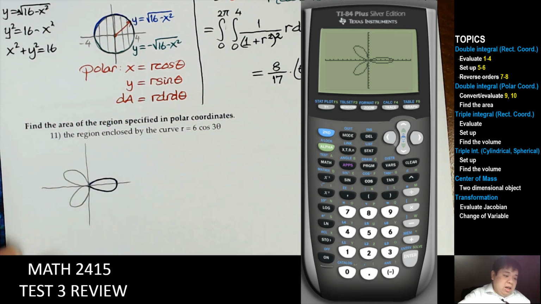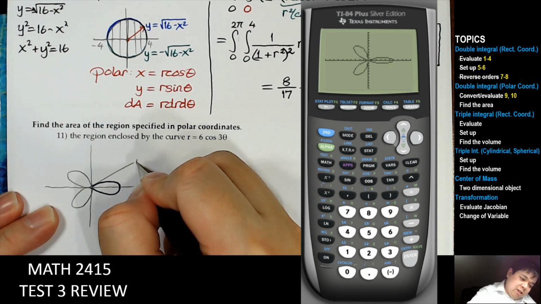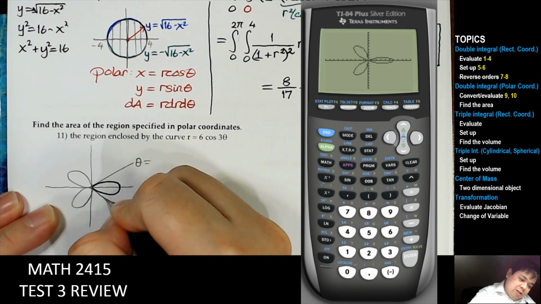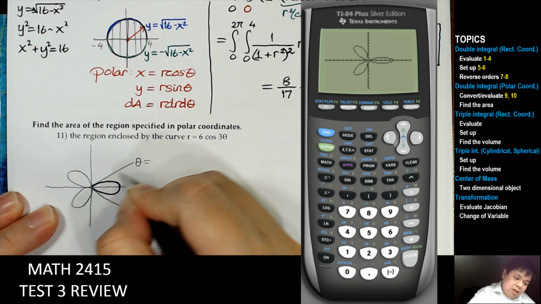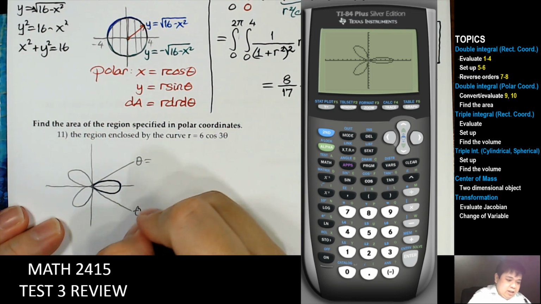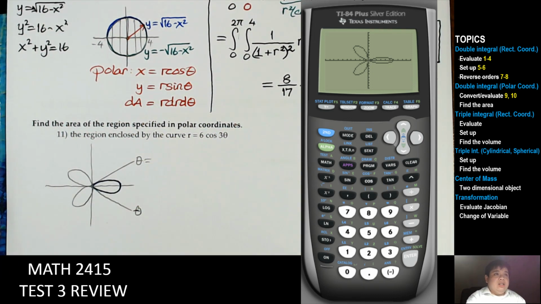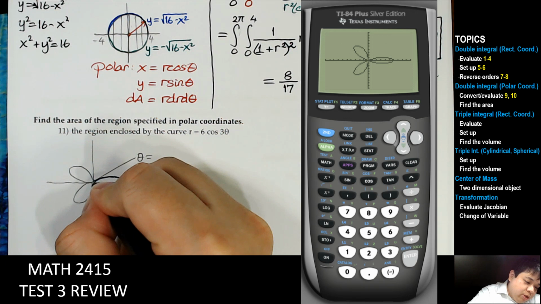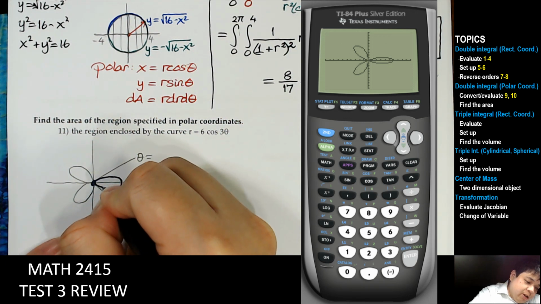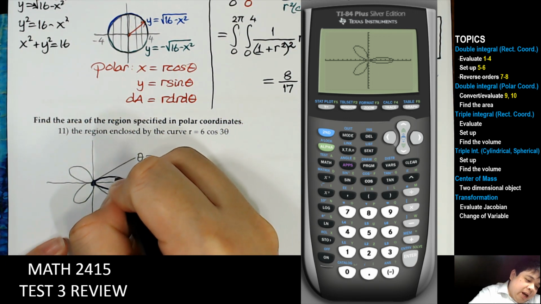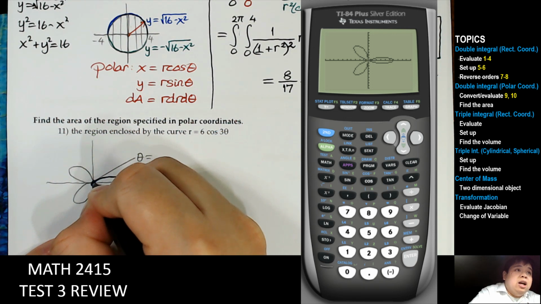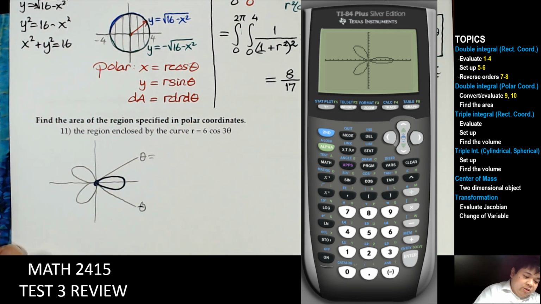We need to determine the limits of those angles, so we can find the integral. Right. To do that, notice in order to draw one petal, we go from 0 out and then back. So that's where r equals 0. That's where we find it.